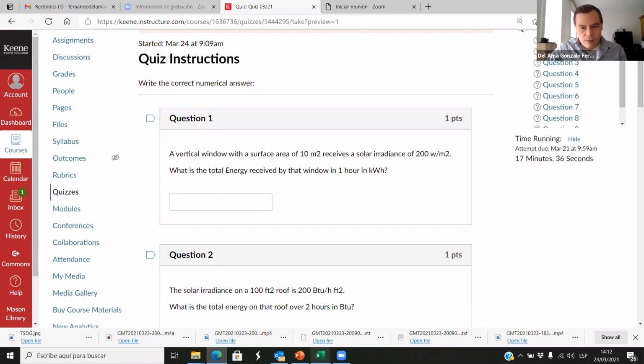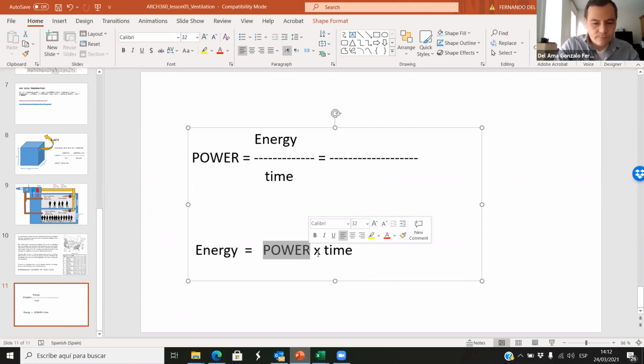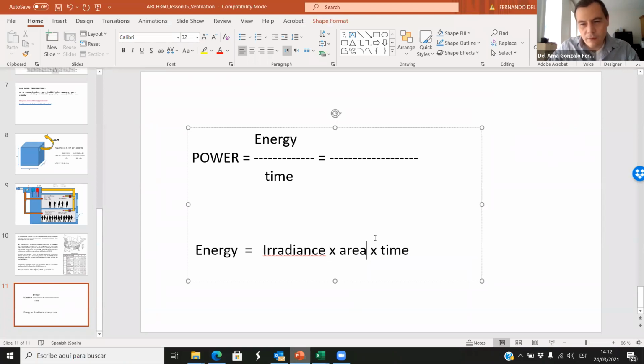Okay, so probably, if we want to talk about energy, we can have irradiance, we can have area, and finally time. The irradiance is the energy that we receive from the sun, but we don't talk about energy.